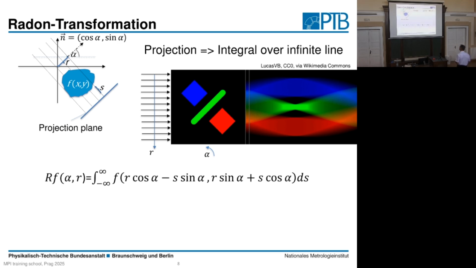Okay, and yes, here we have an example, and on this side we have the dependency on r, and on this side the dependency on the rotation angle alpha. Yes, as we had yesterday, this is named sinogram.